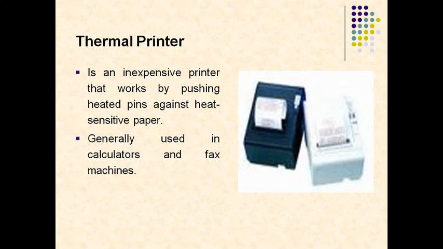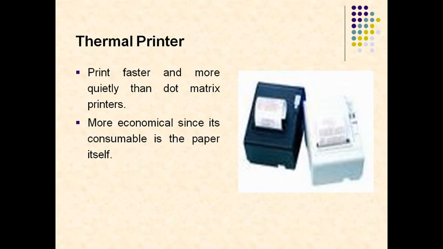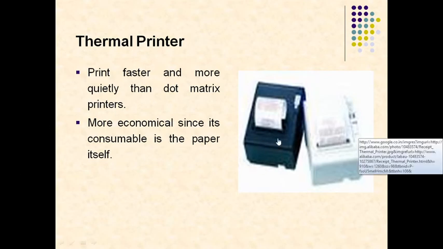That is nothing but a thermal printer, generally used in calculators and fax machines for printing. It is an inexpensive printer that works by pushing heated pins against heat sensitive paper. You can see the picture here, thermal printer.